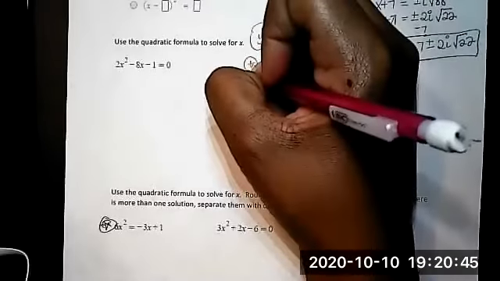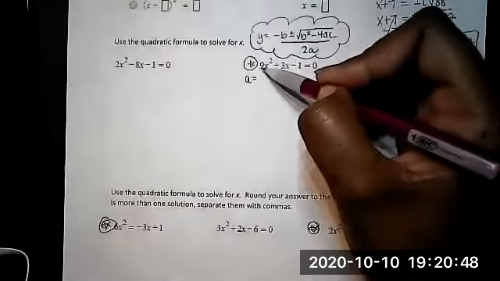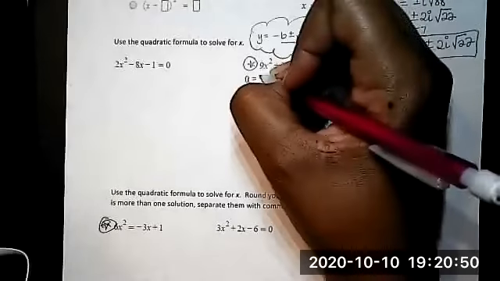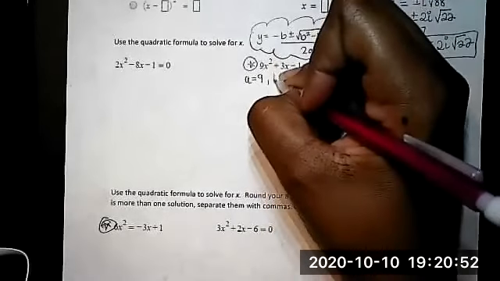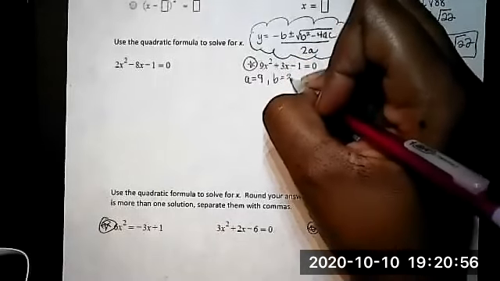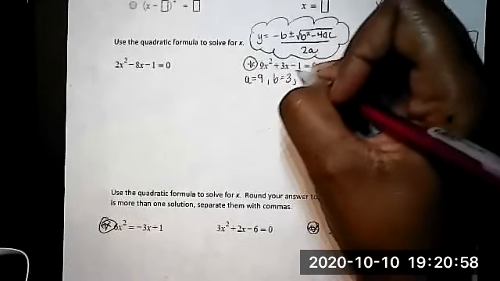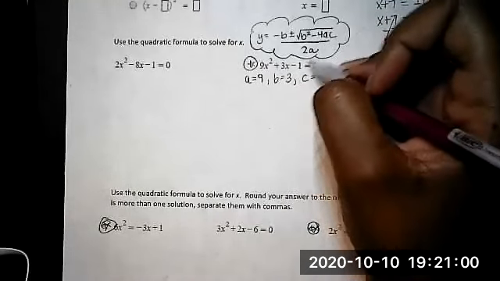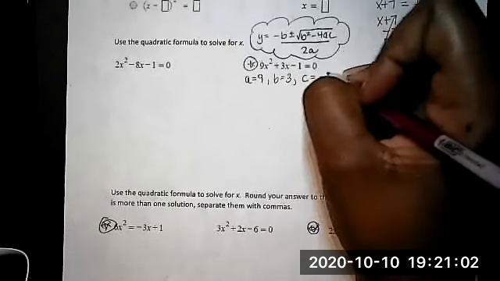And the a here is always represented by whatever coefficient is in front of x squared. We have 9. B is going to be equal to whatever's in front of x, which is 3. C is going to be whatever's here when it's equal to 0. It has to be equal to 0. It's negative 1.